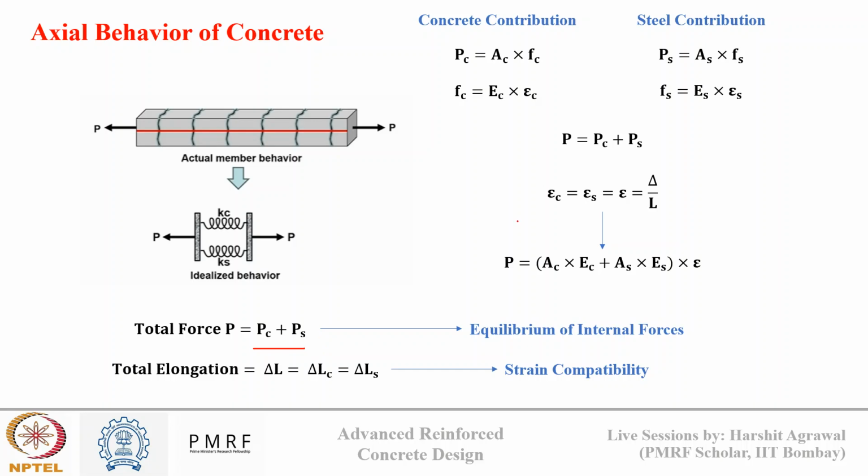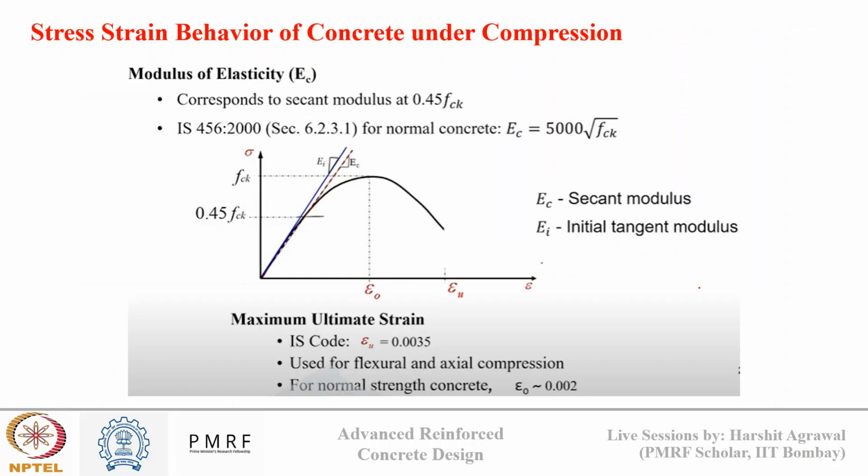So for this, with basic equations, we derived the relationship between the axial load and the strain. Now, for concrete in compression, we know there's a linear increase in stress with strain, then there is a plateau, and then there is a drop in stress with increasing strain. To represent this mathematically, for concrete having strength lower than 40 MPa, we used the Hognestad relation, and for concrete having strength more than 40 MPa and less than 100 MPa, we use Thorenfeldt's relation.